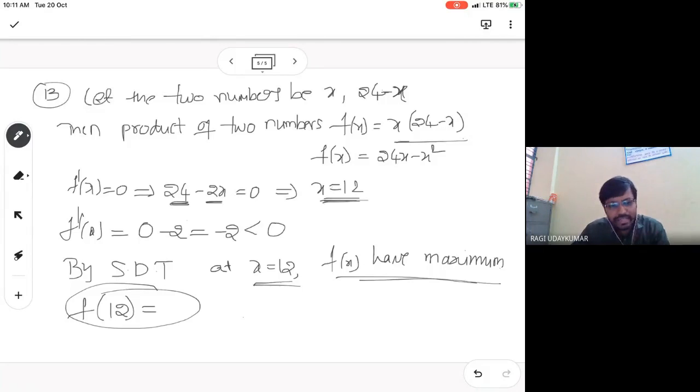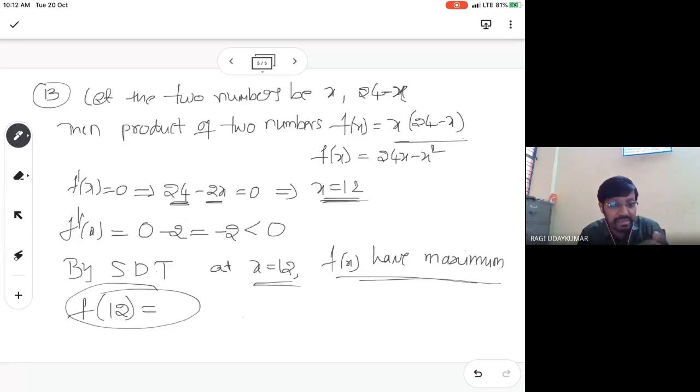Normally आप लोग गलत क्या करते हैं, most of the students यही गलत करते हैं ये problem. Suppose if it is given for 2 marks, the mistake is f of 12 find out करते हैं छोड़ देते हैं, because बाकी सब problem में ऐसे करते हैं. Maximum value is not asked here, what is the maximum product is not asked.